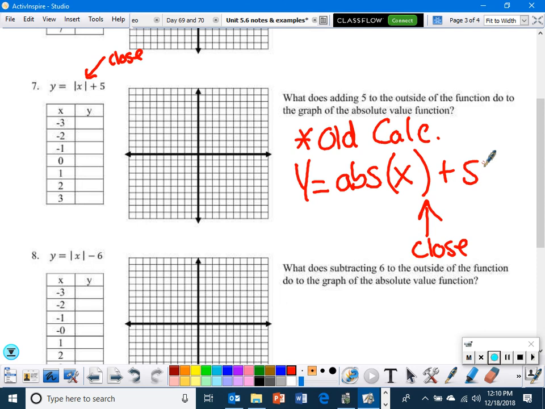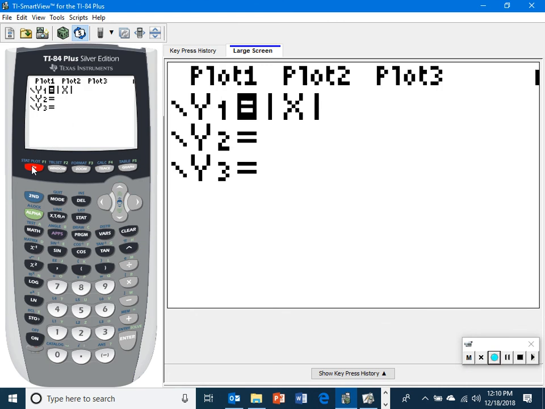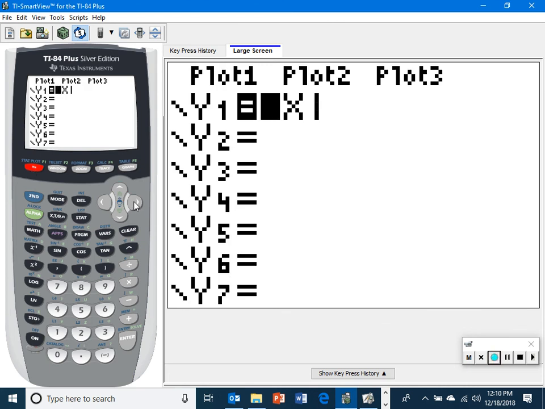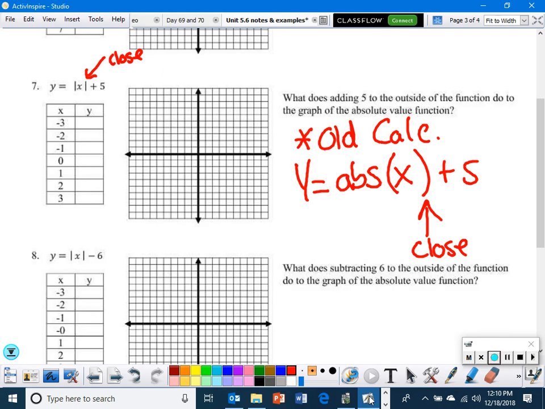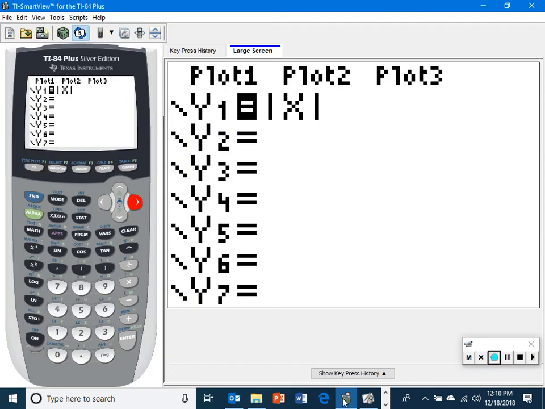Those of you with the newer calculator, we've got the absolute value of X. What you need to do is just use your arrow key, get on the other side, and put the plus 5. So it looks like that. Yours, the newer calculator, matches exactly.